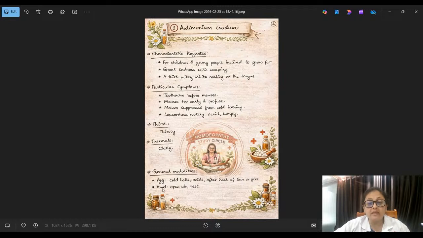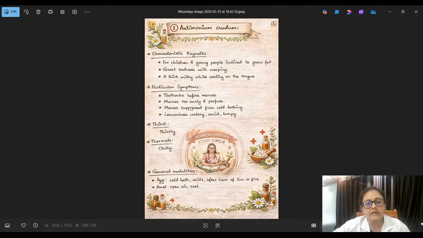Okay, amelioration: open air, not cold air, open air, and rest. So this is how you have to write therapeutics when you are asked to write therapeutics. Instead of just mugging up any materia medica textbook, it's better you understand why that remedy is given in that condition.